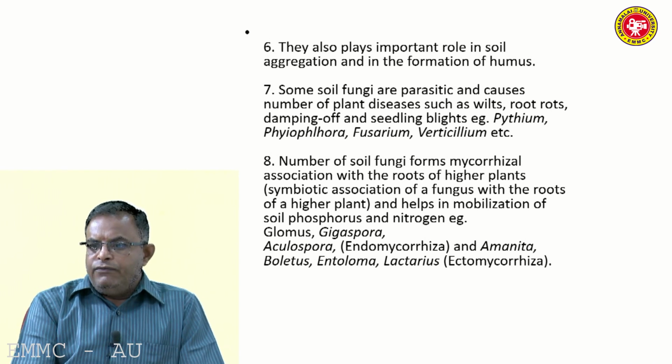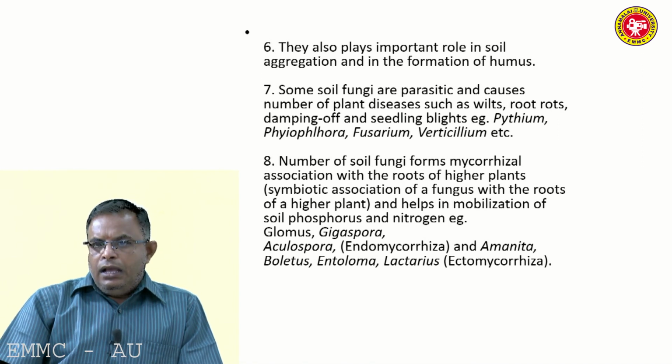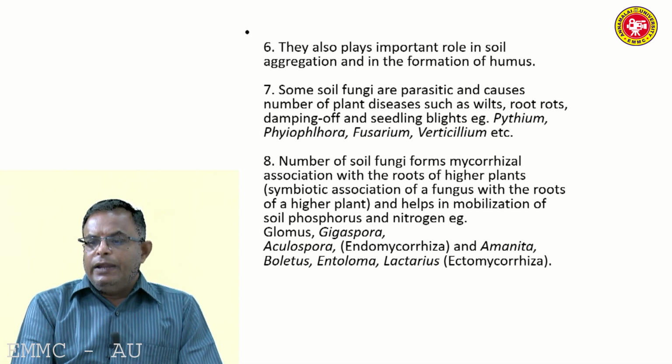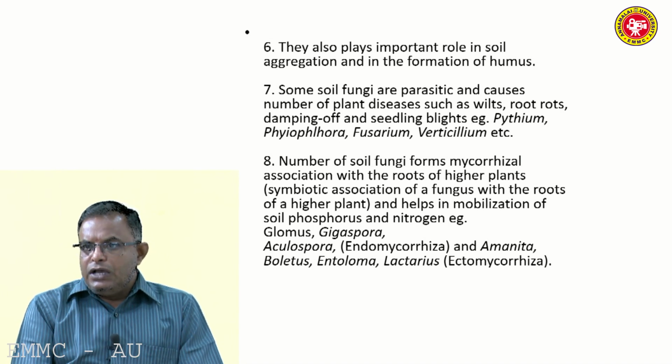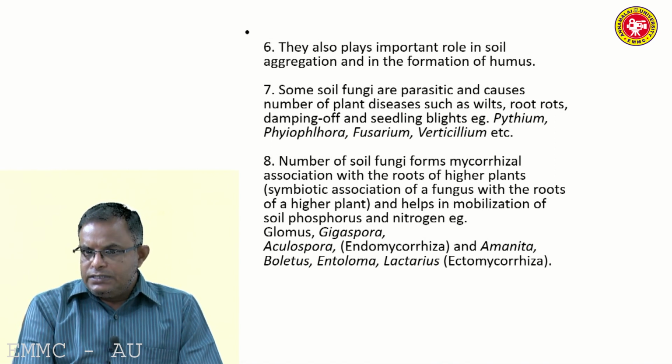Some soil fungi are parasites and cause a number of plant diseases such as wilt disease, root rot disease, damping off and seedling blights. These types of diseases are caused by some fungi, Pythium, Phytophthora, Fusarium, Verticillium etc. A number of soil fungi form mycorrhizal associations with the roots of higher plants, making a symbiotic association, and help in the mobilization of soil phosphorus and nitrogen.